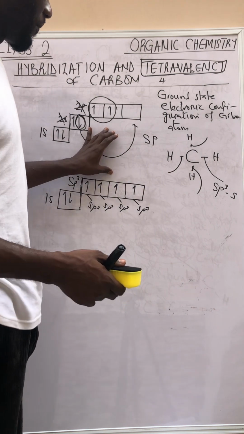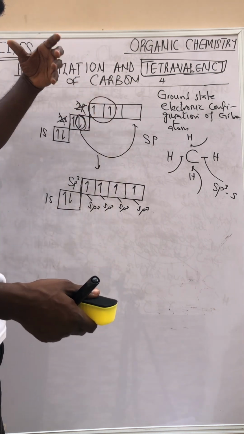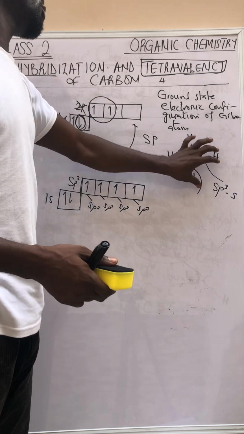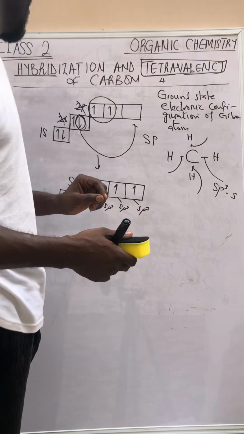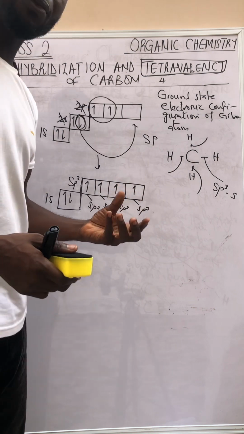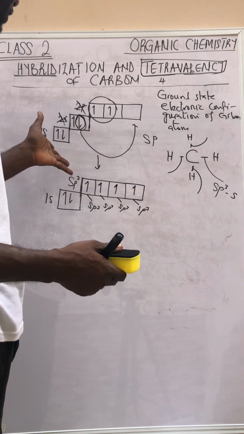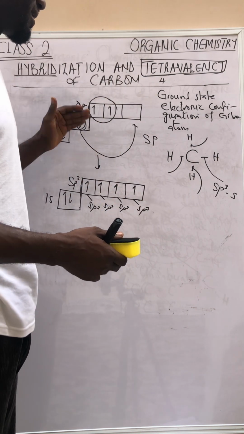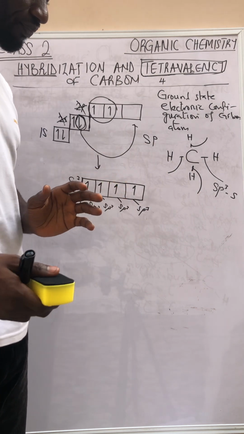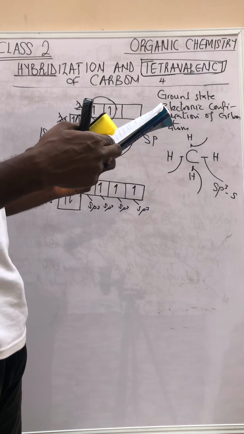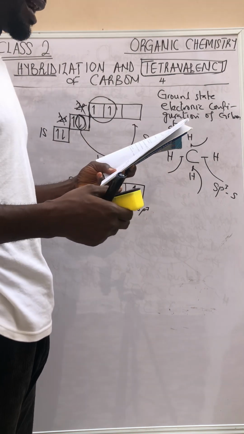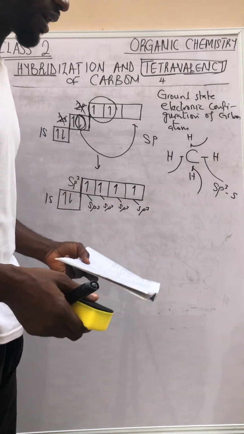For a carbon atom to bond to 4 hydrogen atoms, we must have 4 unpaired electrons, and that is exactly what we have explained here. That is what we need to know on tetravalency and the hybridization of carbon.